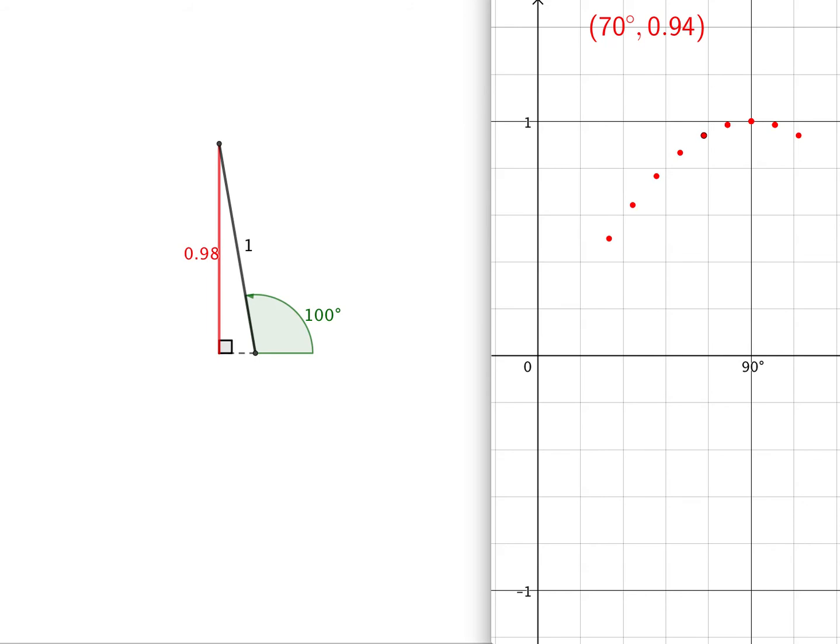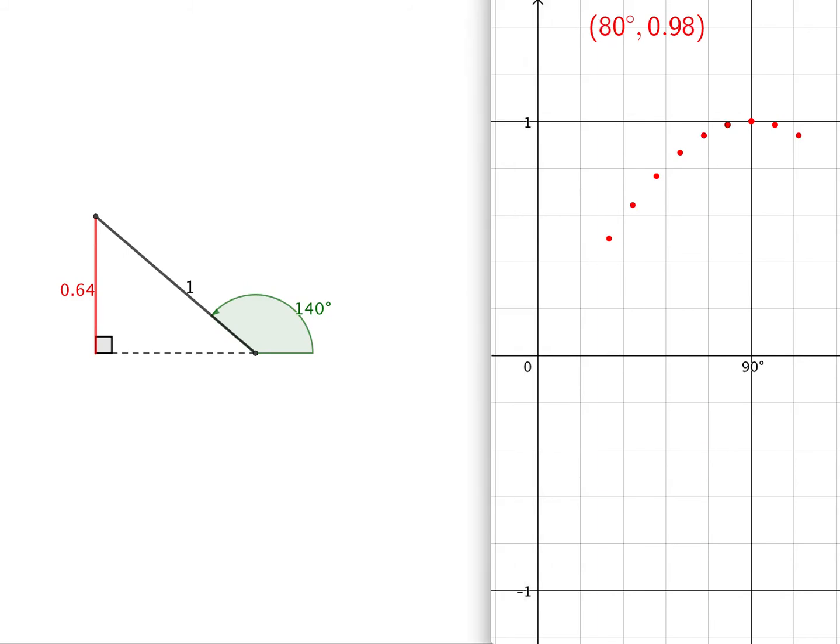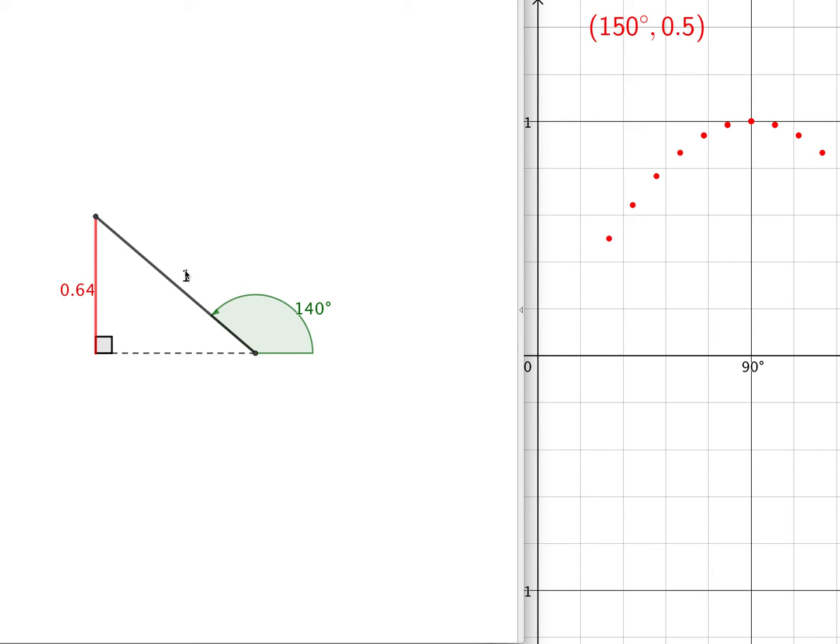In fact, if I keep the triangle going, plotting the different heights, all the values I had before, as we go up, get plotted. All the values on the way up happen again on the way down. In fact, in this diagram, if I get to 150 degrees, I'm back to a half, 0.5.